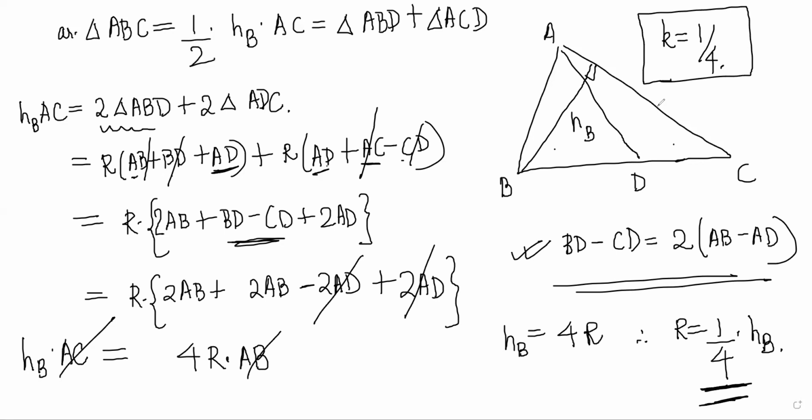Now, keep in mind that there are several concepts that were used here. First thing was Stewart's theorem to get a sense of the length of AD. The second thing was area of triangle ABD and area of triangle ACD. Both were written in terms of the two formulas, del is equal to RS and del is equal to root of S into (S minus A) and so on. Then the next condition was we compared the areas of ABD and ACD and said that the ratio of the areas will be equal to the ratio of their bases.